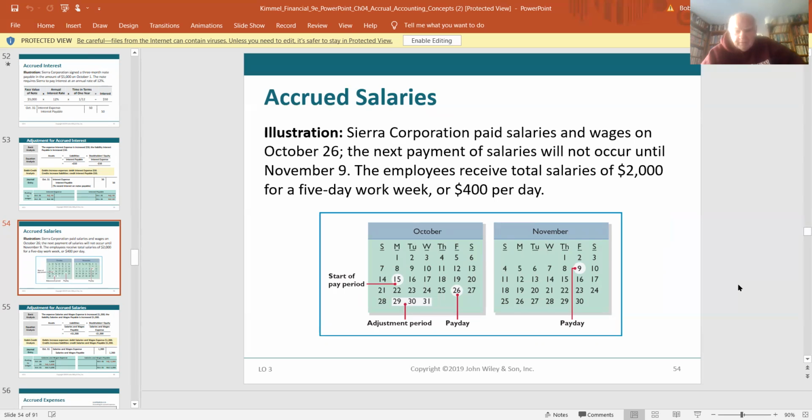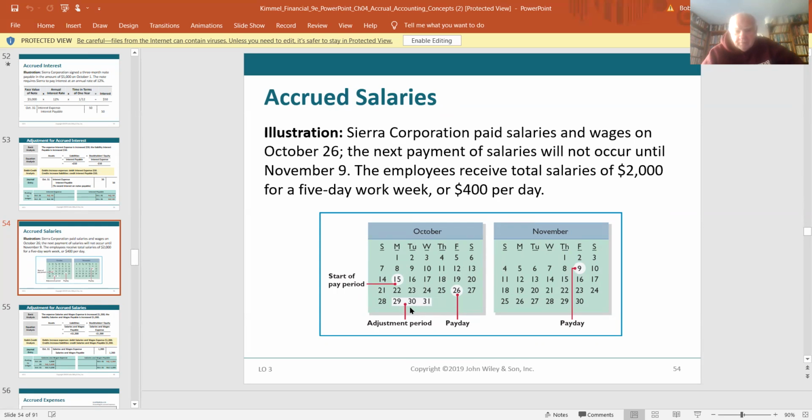So take a look at this calendar. The employees receive total salaries of $2,000 for 5 days, or $400 a day, okay? The pay period began on the 15th and it goes through the end of the month, it looks like. On the 26th is payday. On the 29th, 30th and 31st you worked, but you're not going to get paid until the 9th of November.